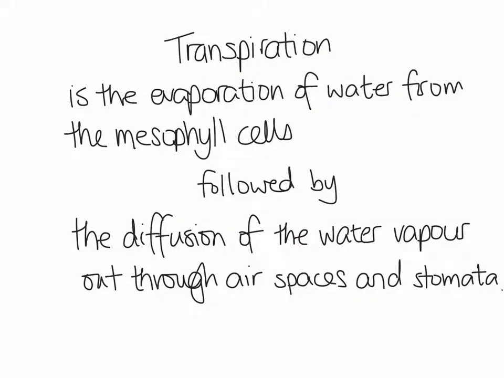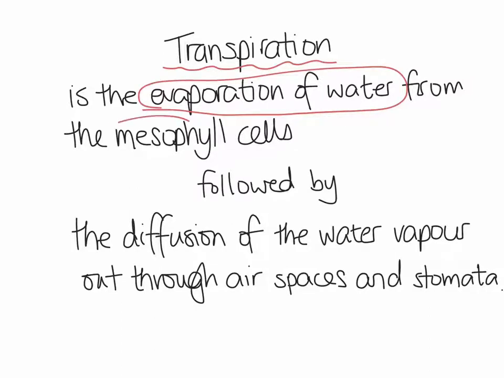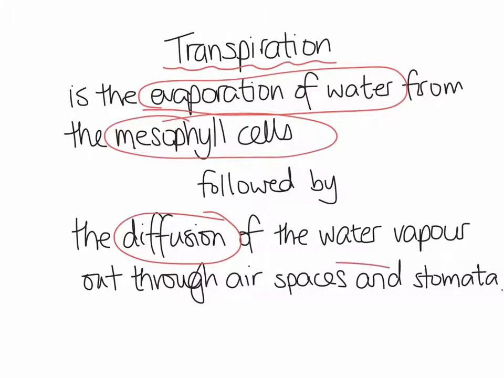In our books here, it is at the top of page 14 in my book. Now, it might be 14 in your book, just depends how you labelled it. But transpiration is the evaporation of water from the mesophyll cells. That's the first bit. And then when it evaporates into the airspace, then it diffuses out through the air spaces and the stomata.